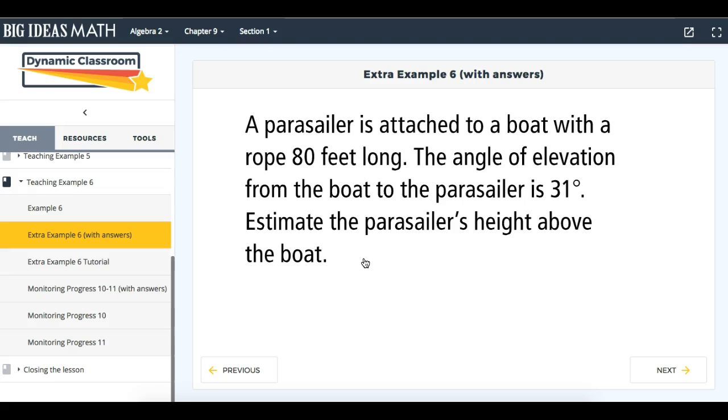Very simple problem, exactly the same as the example I did, just some different values in here. So this gives you some practice using your calculator to take a non-special angle and then take this information and estimate the height. So go ahead and calculate this and type that into the answer box.